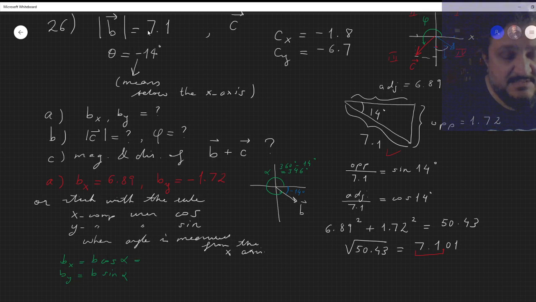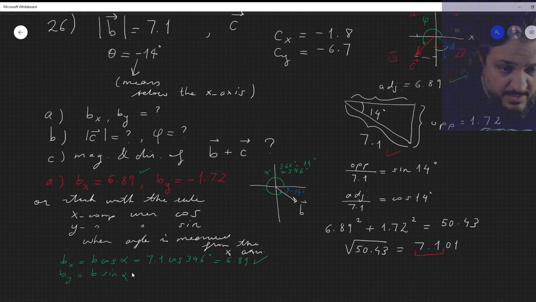B was 7.1 times cosine 346. Okay, 7.1 cosine 346, and that is 6.89. So it checks. 6.89 checks the other one.